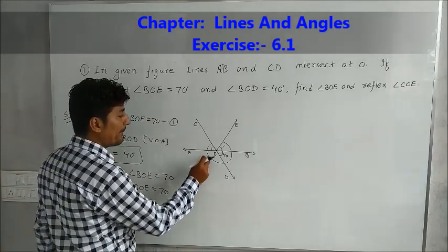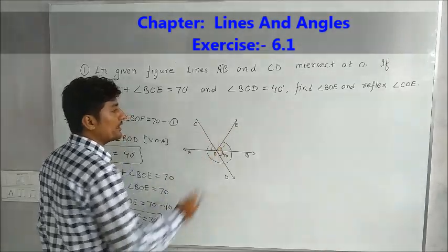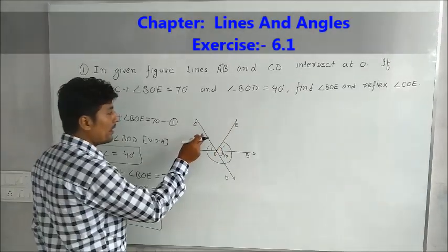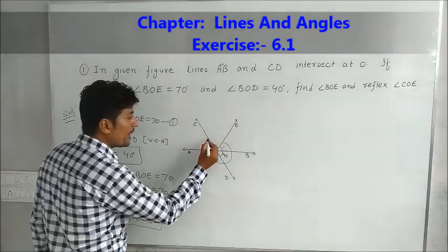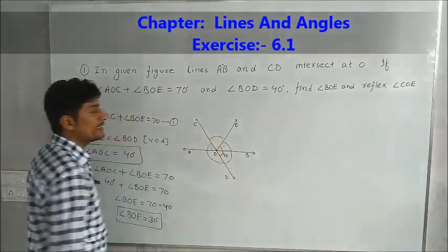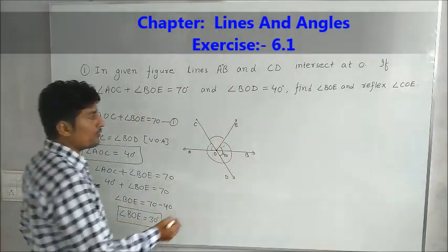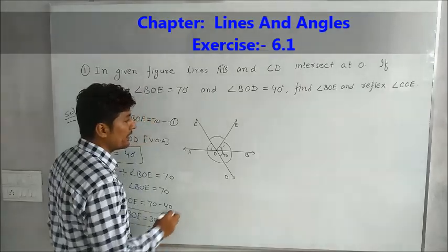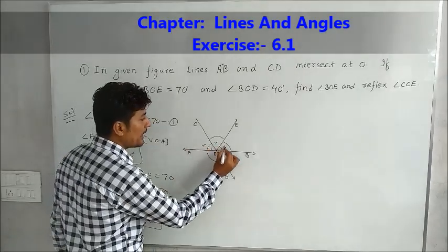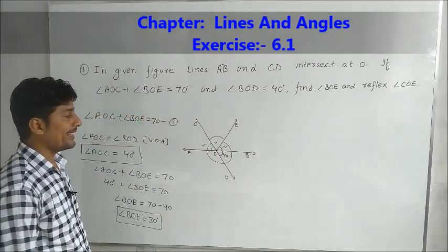So the first value we got. After that, we have to find the measurement of the reflex of angle COE. To find it, first of all we have to find the measurement of angle COE. As we know, the sum of these three angles equals 180 degrees.